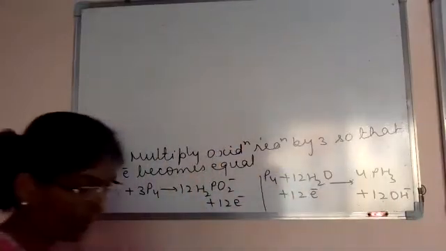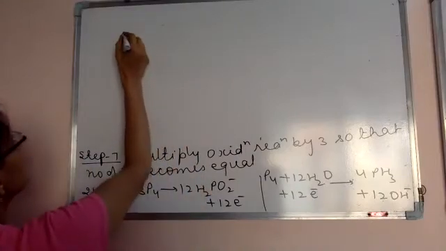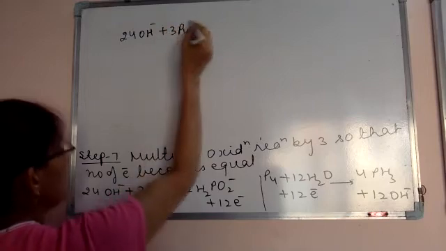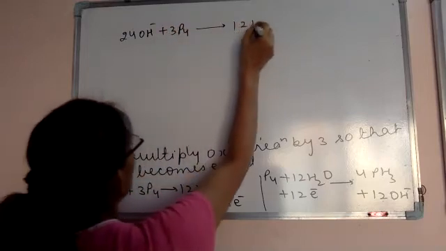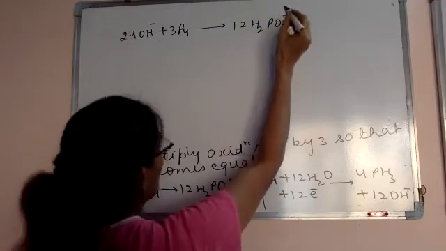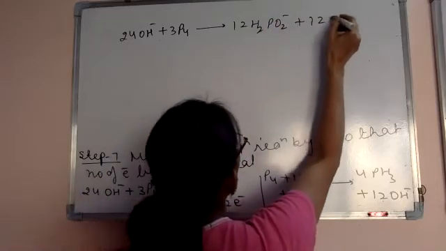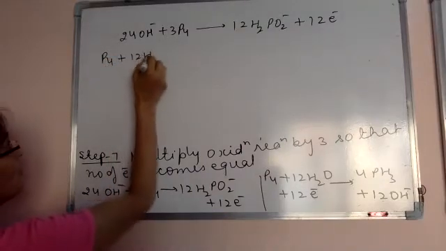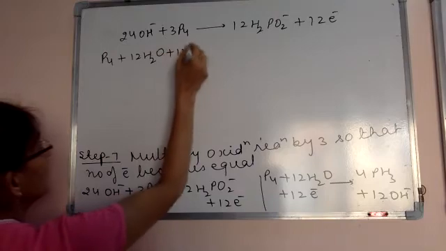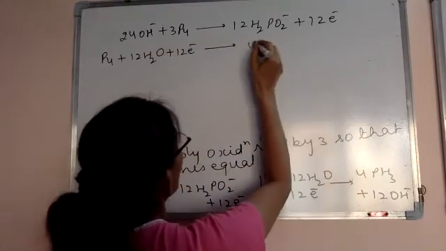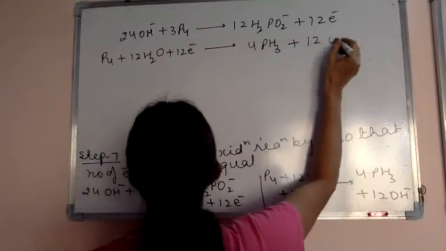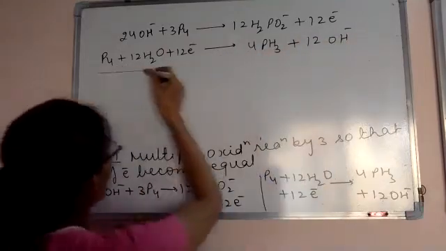Let's first write oxidation: 24OH minus plus 3P4 gives 12H2PO2 minus plus 12 electrons. Write reduction: P4 plus 12H2O plus 12 electrons gives 4PH3 plus 12OH minus. Let's add them.